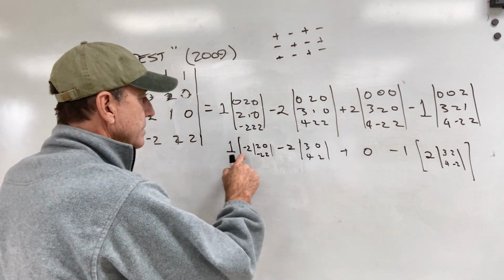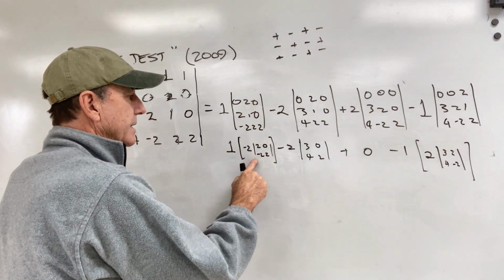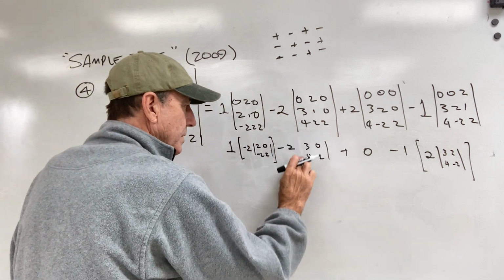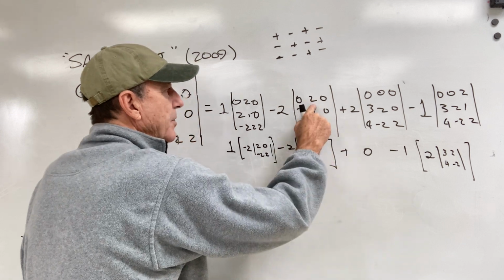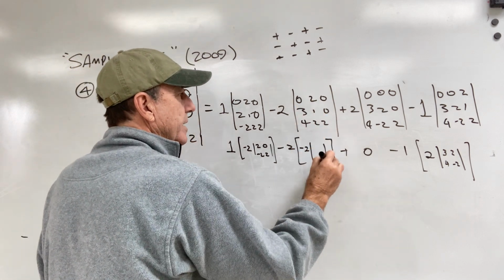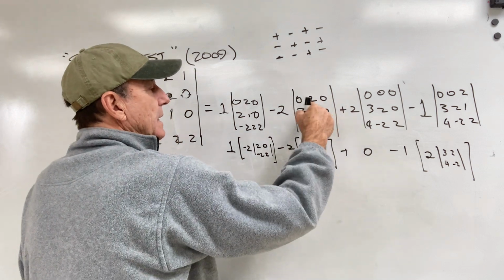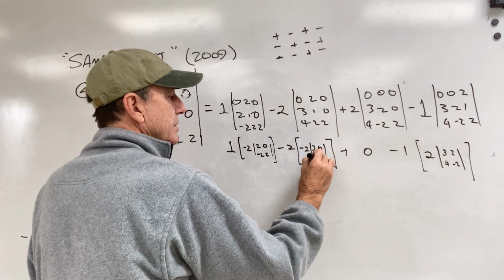I lost, this was 1 times this guy. This is -2 times, and I said we would be expanding about that, which is -2 times its minor. So 3, 0, 4, 2.